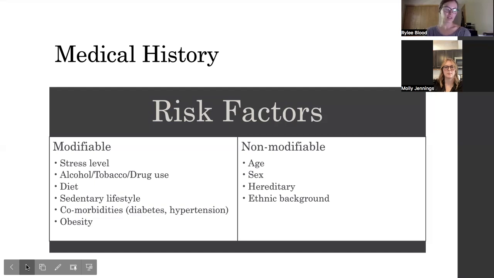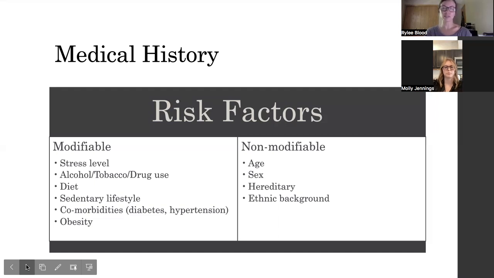And then hereditary, if your family members, like your mom, dad, brother, sister, grandpa, grandma, if any of them had a heart attack or any cardiac issues in their history, this may also increase your risk of having any coronary issues or a heart attack.